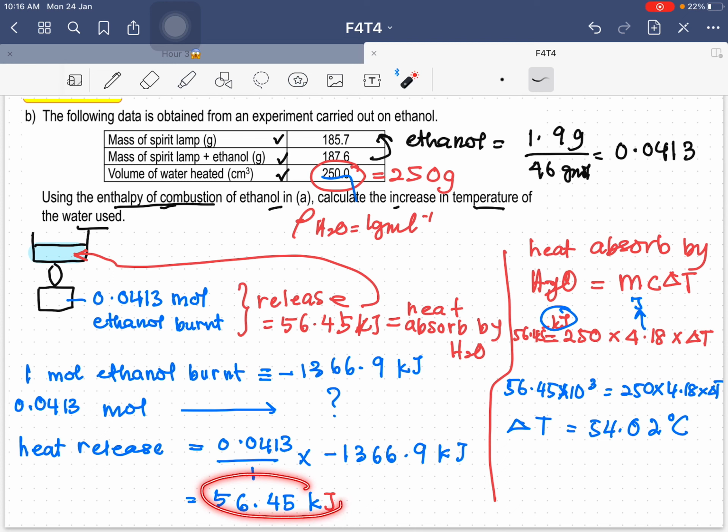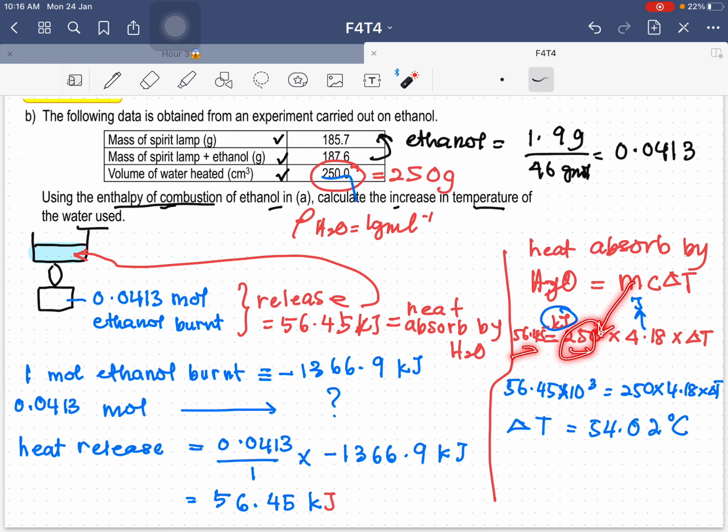So the heat absorbed by the water is 56.45 kilojoules. It is equal to 250 gram of the water.